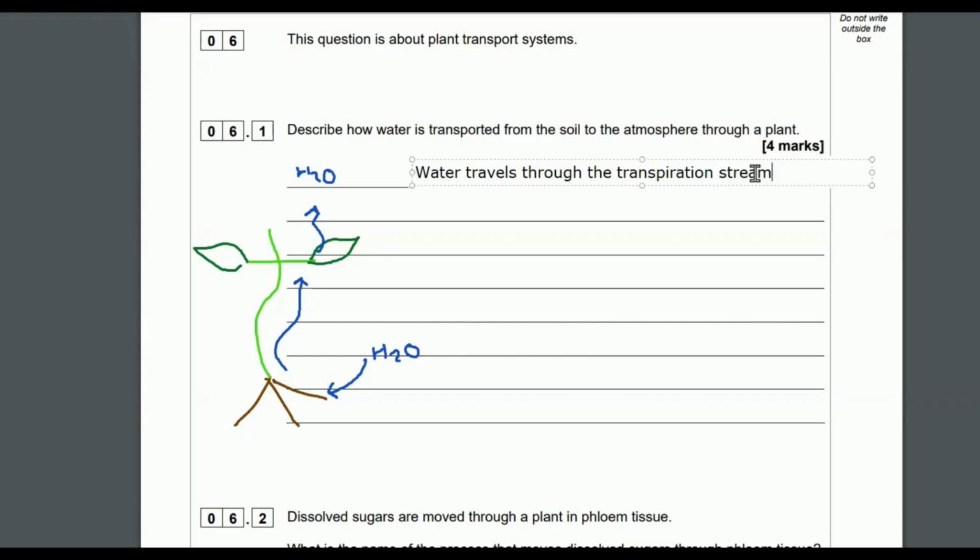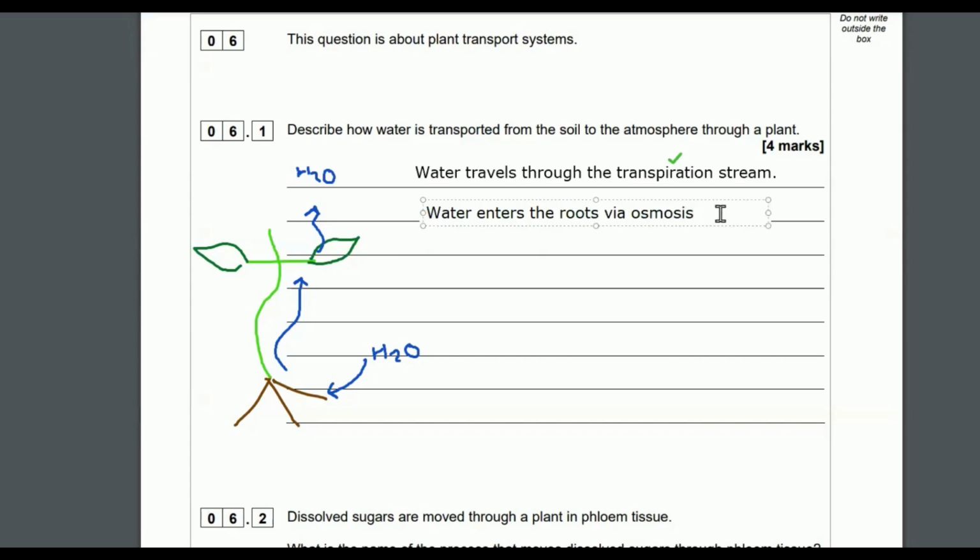And in itself, this might be worth 2 of the 4 marks, just saying those 2 things. So the transpiration stream, I'm going to say water enters the roots via osmosis.